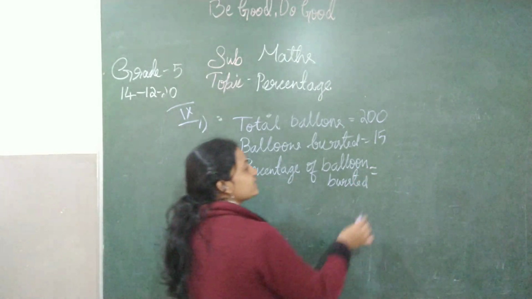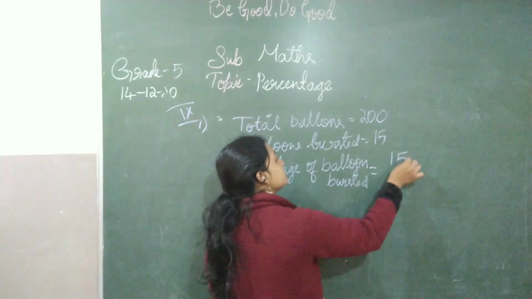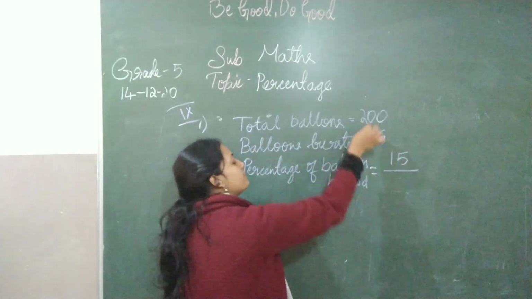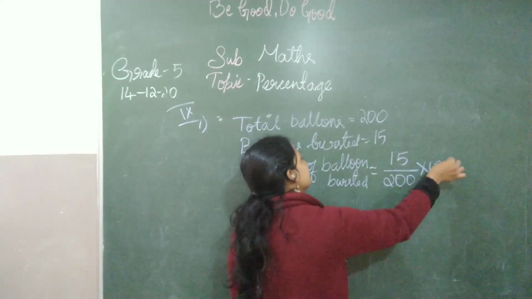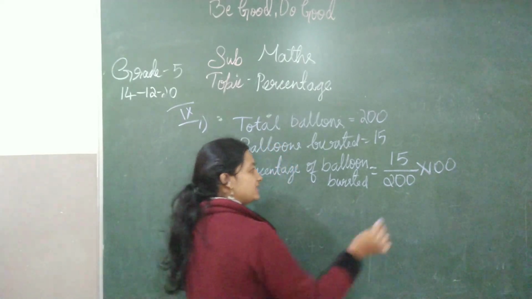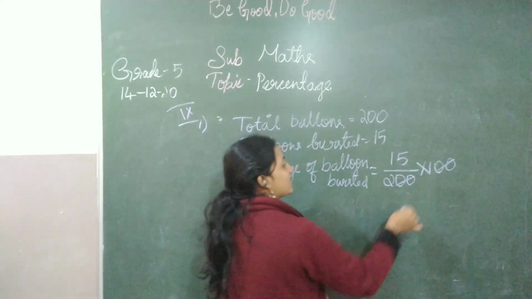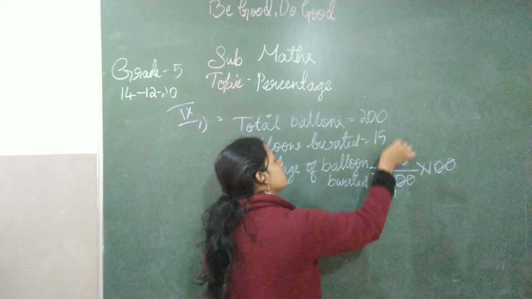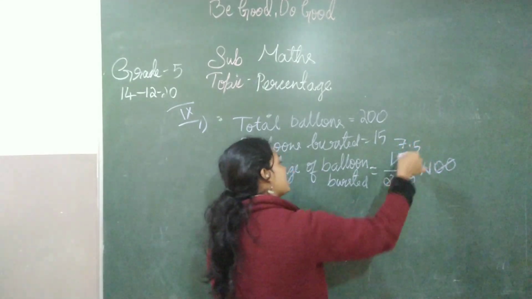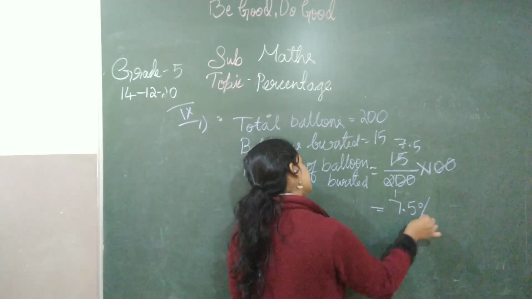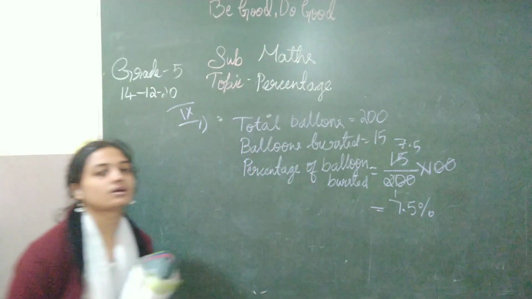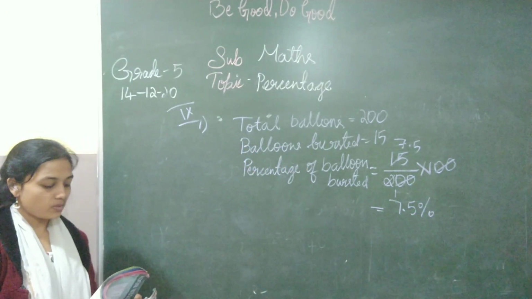We should first write the number of balloons which is bursted divided by total number of balloons. Multiply them with 100, you get the percentage. 0, 0 get cancelled. 2 1s are 2, 7.5. So the answer is 7.5%. So let us try one more sum.